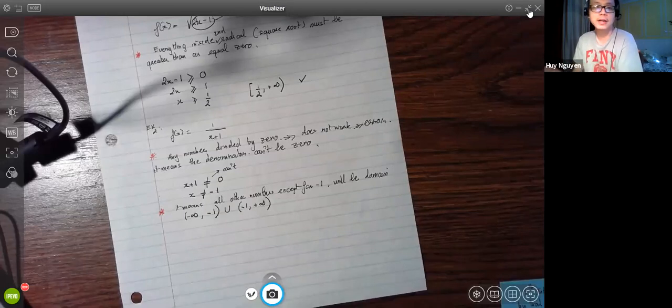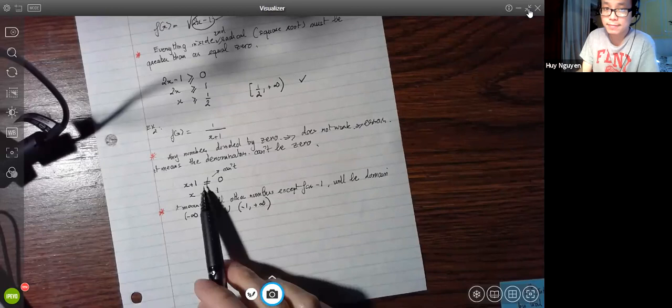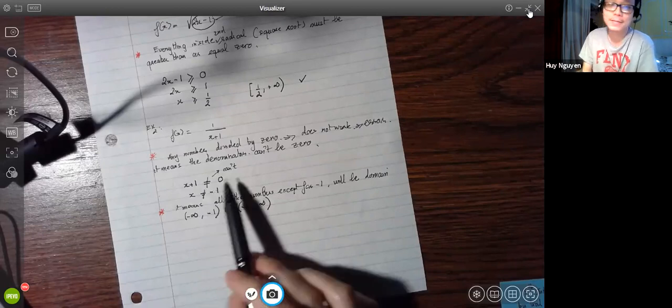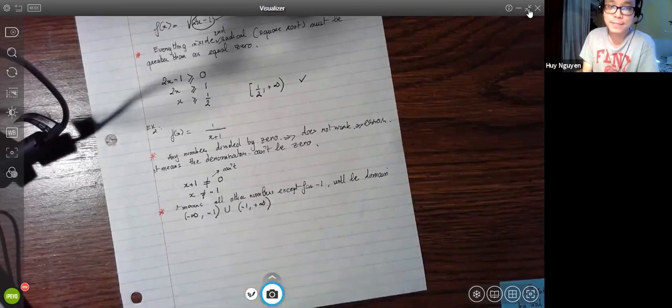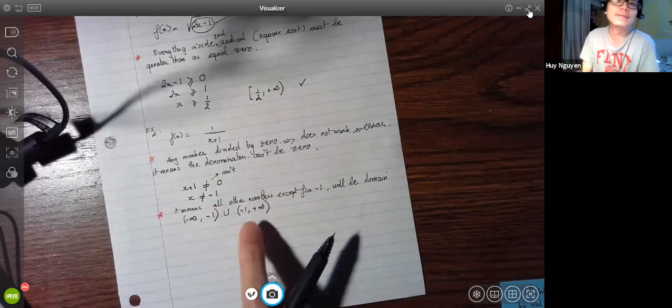Any concern on example 2? In general, if you see a rational function, you just set up the denominator can't be 0, then you solve for that. Then the rest of them will be the domain.